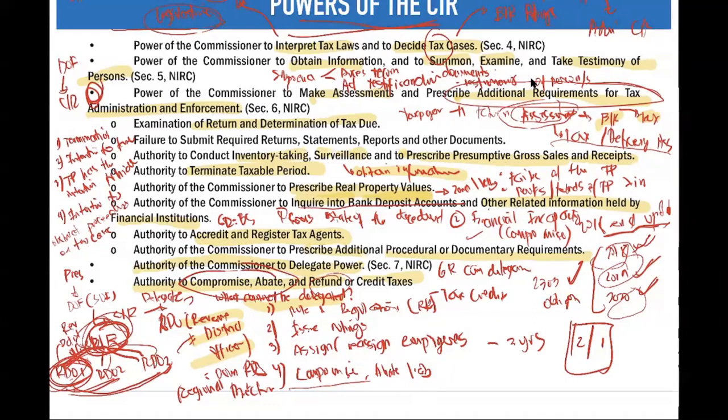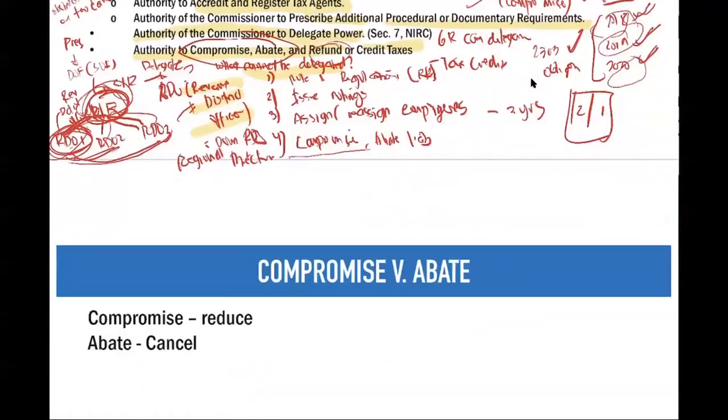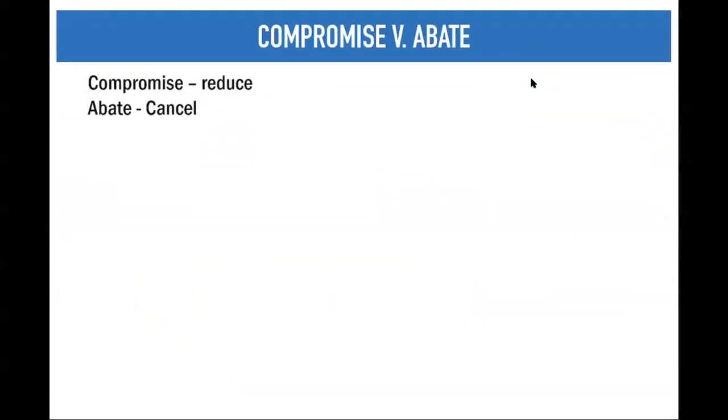So, what's the difference between abate and compromise? Compromise means to reduce your tax due. Abate means cancel. For example, your tax due is 500,000.